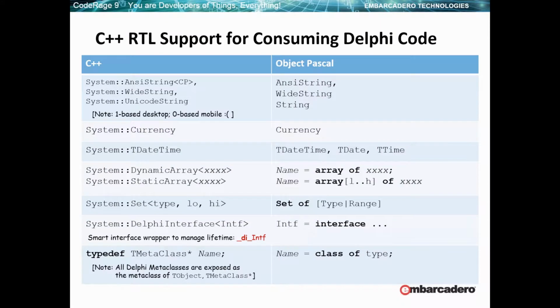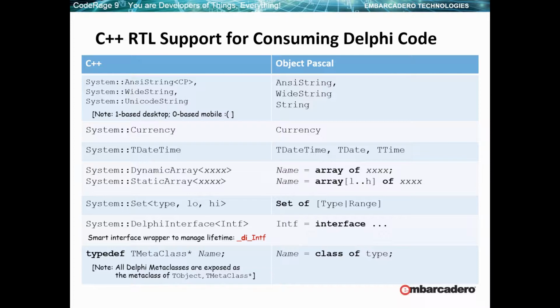So the first thing is a bunch of runtime. Okay, so besides the compiler, there's also a bunch of runtime support, a bunch of classes that we've written. They form the glue between Delphi and C++. And for the most part, they cover things that are built into the Delphi language.